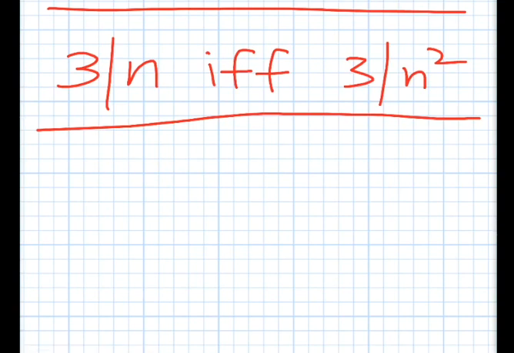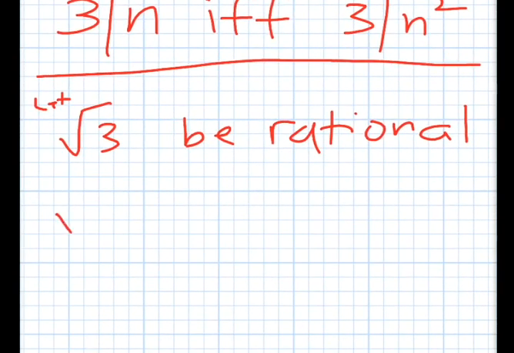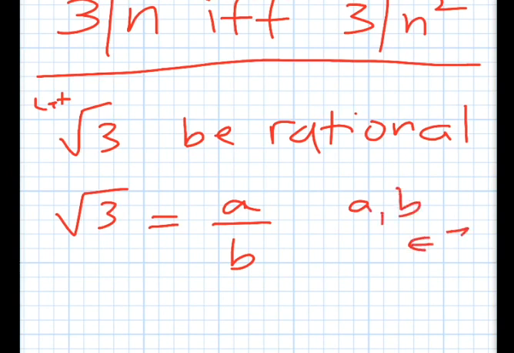So let's assume, so let's say, let root 3 be rational. So what is the definition of rational? A rational number can be written as a fraction. So root 3 is equal to a over b, where a and b are some integers.